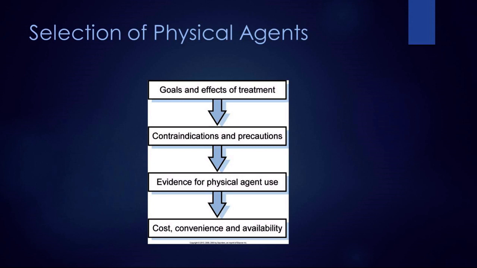So when we're selecting physical agents, we want to consider our goals and effects of treatment. What are our goals and what effects do these individual physical agents have on that? Contraindications and precautions, certainly. Is there evidence for the use of the physical agent in this particular disorder or setting? And then the cost, convenience, and availability of the treatment.